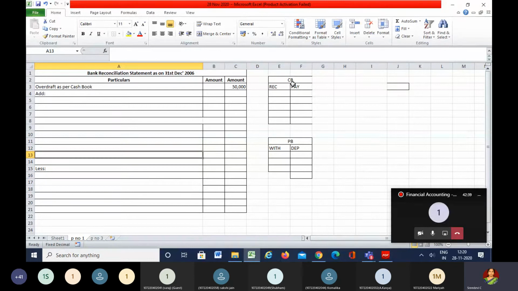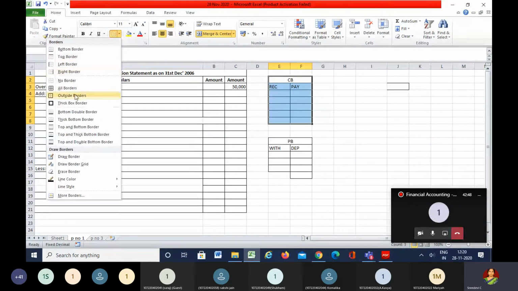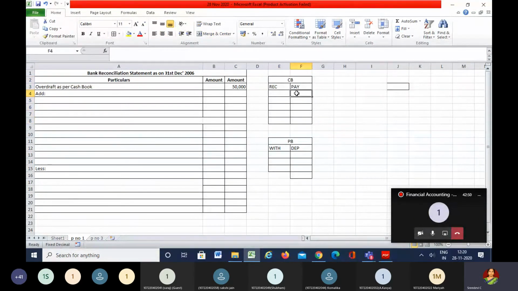Okay, children. So we have a cash book and we also have a passbook, and here the OD has been given according to the cash book. So therefore the overdraft has to be shown onto the credit side. So here onto the credit side we are having 50,000, and the same thing will be shown in the passbook onto the debit side, right?